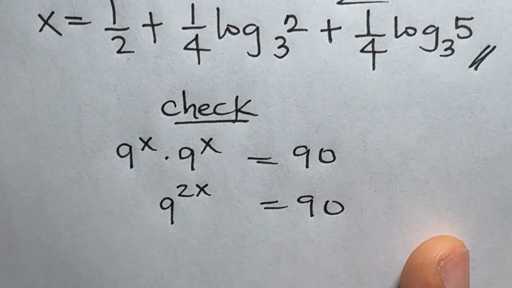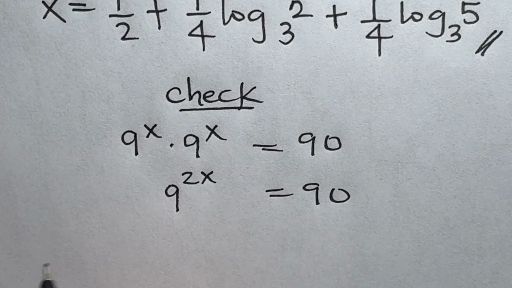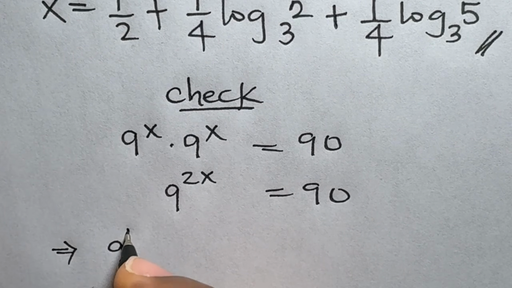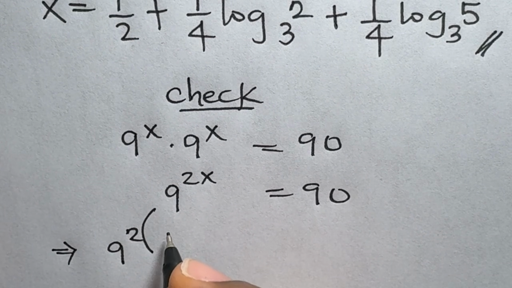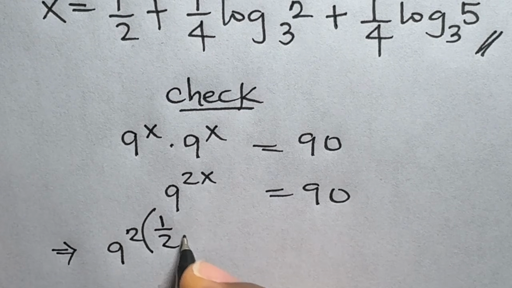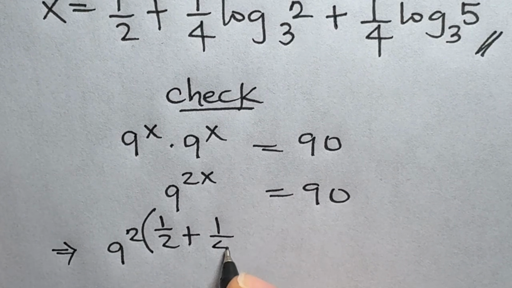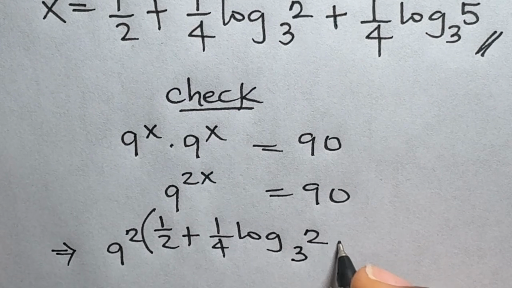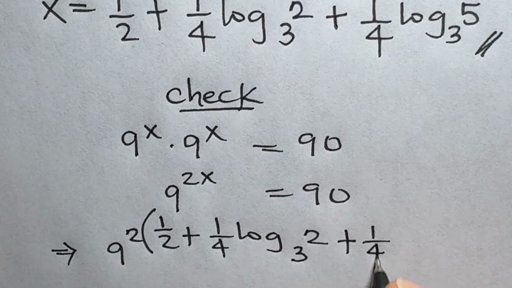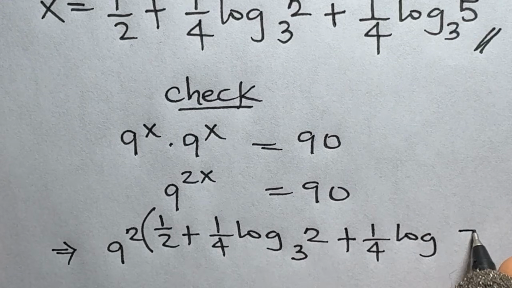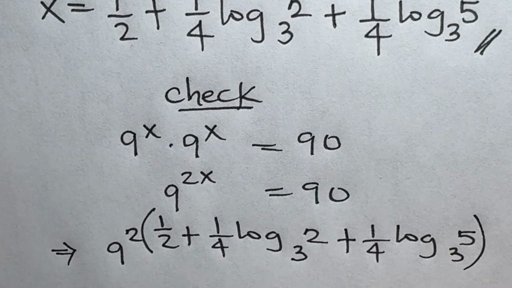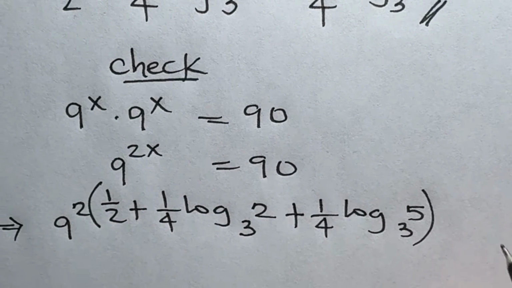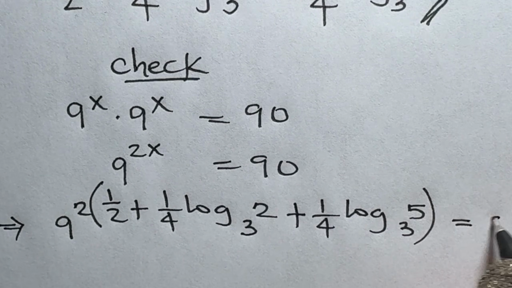To substitute, we're now going to have 9 raised to power 2 into 1 over 2 plus 1 over 4 log 2 base 3 plus 1 over 4 log 5 base 3, and this is supposed to give us 90.